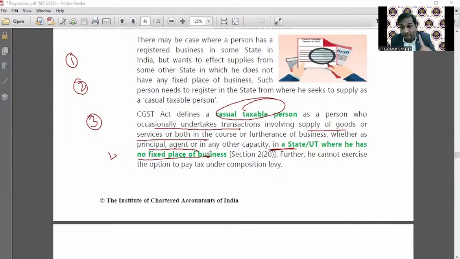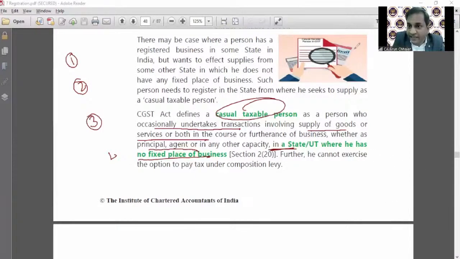Sir, I am talking about a different state, because if I am registered in Maharashtra, I can do business anywhere in Maharashtra; I just add an additional place of business. But if I go to a state from where I would like to make taxable supplies, but I do not have a fixed place of business, the option is that I can go for the casual taxable person category.